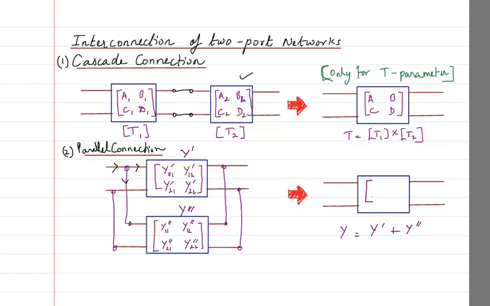That means the value here, which I am writing as Y, is Y11, Y12, Y21 and Y22.